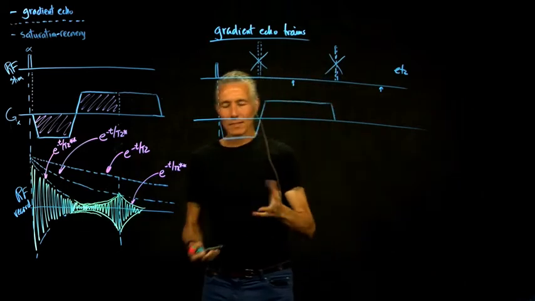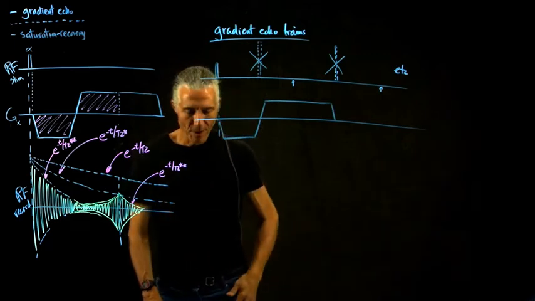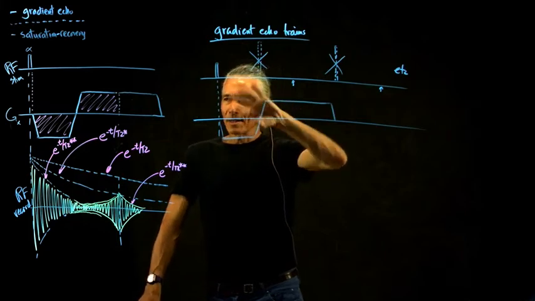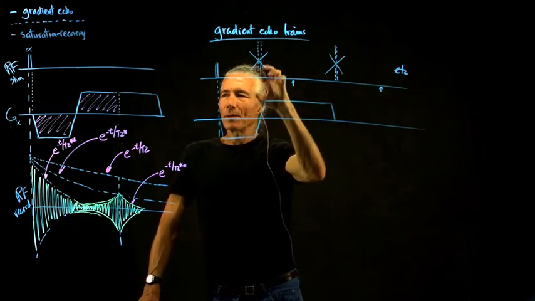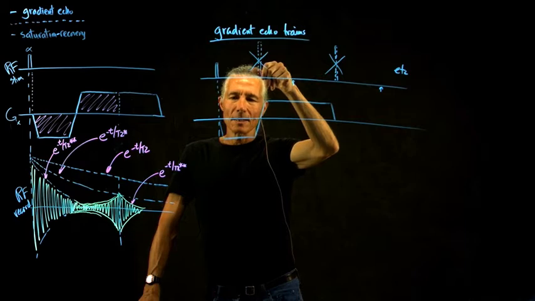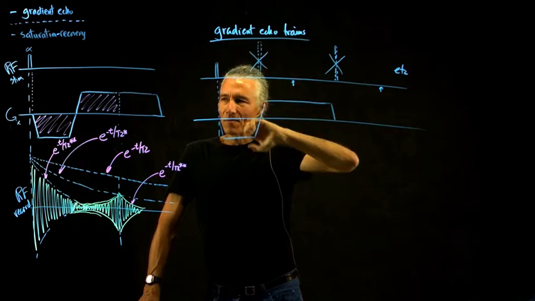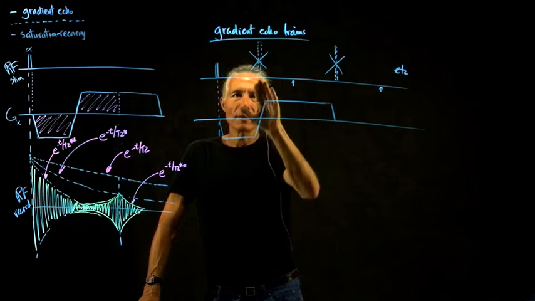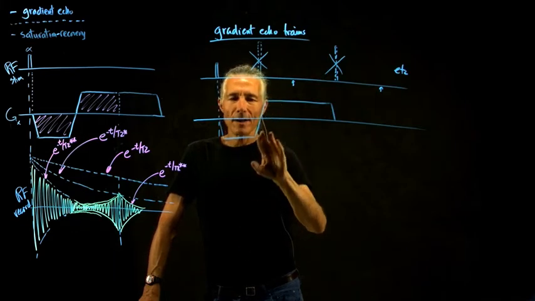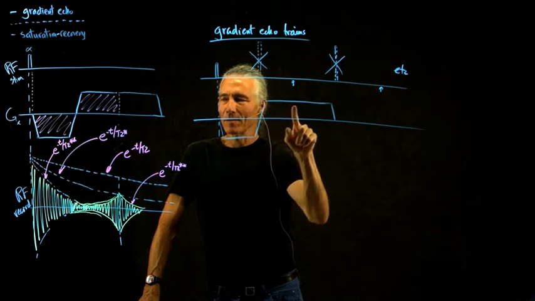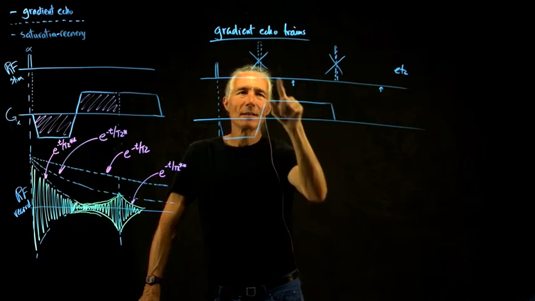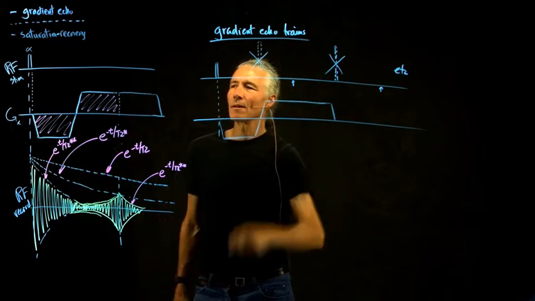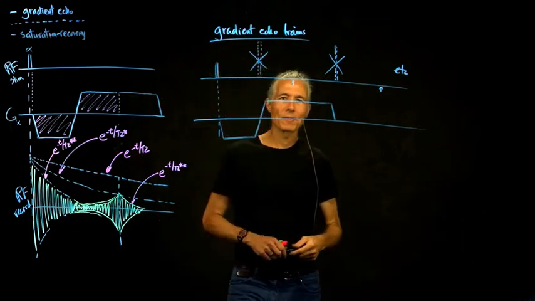One thing that's important to keep in mind with the gradients is that the RF pulse does everything all at once. You just hit it with the RF pulse, and it will very forcefully change the spins, and then they'll start to rephase. You don't have to continually do the RF pulse. The gradient is different. You have to keep the gradient actively on the whole time in order to have the effect of an almost instantaneous RF pulse.